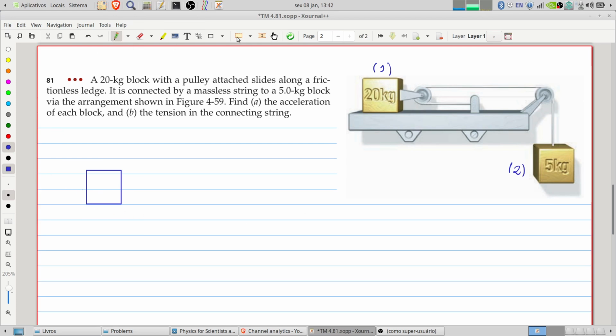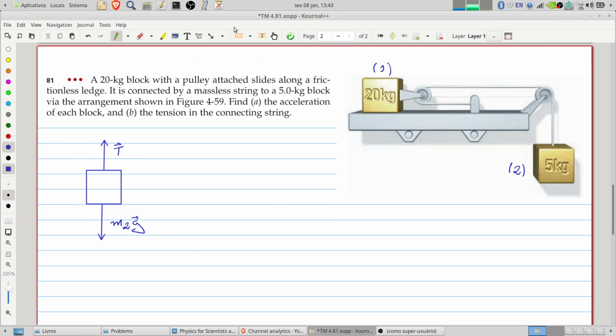And let's draw the forces. Here we will have the weight, of course, and also the tension in the string. So the tension in the string, and here we can write the weight, m2 times g.